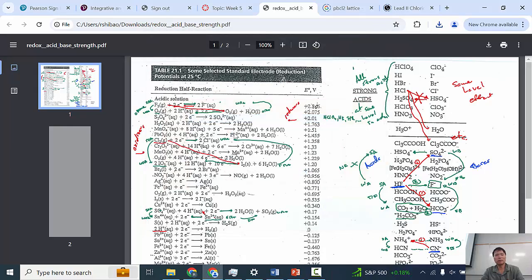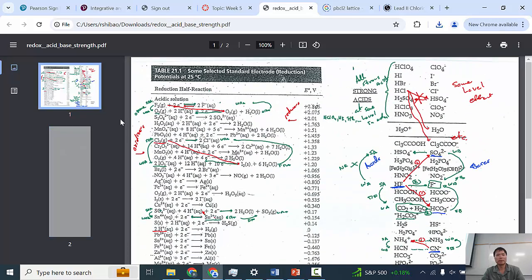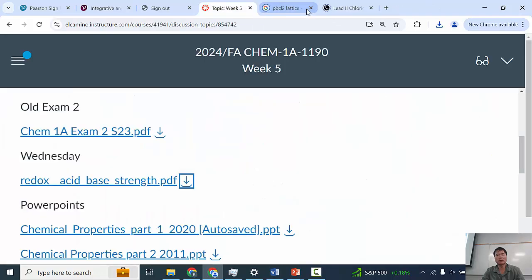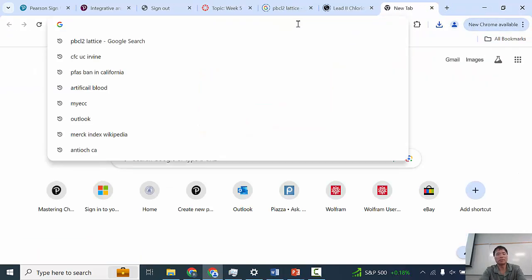This redox chart I wrote all over. I need to post a clean version of the redox chart. But that's okay. We're going to use that chart right there. Do you see that? This is the acid-base chart. I'm just going to use that.